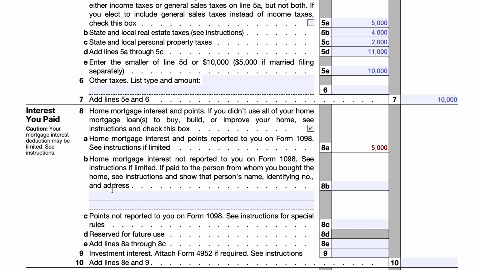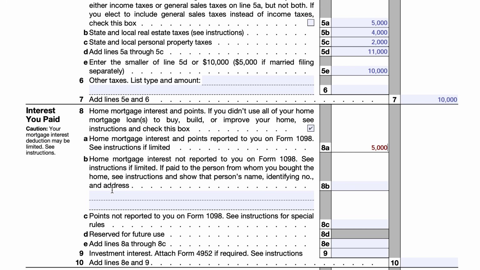There's a space provided where you would need to indicate the person's name, their tax ID number, and then their address. If the recipient is an individual, their tax ID number is their social security number. Otherwise, it's the employer identification number.